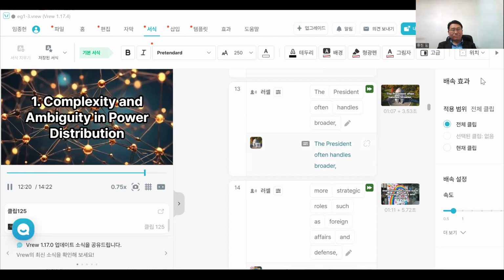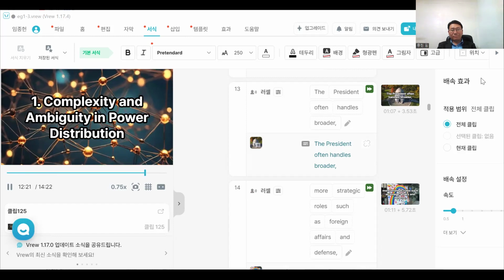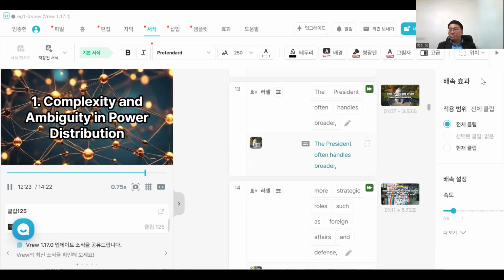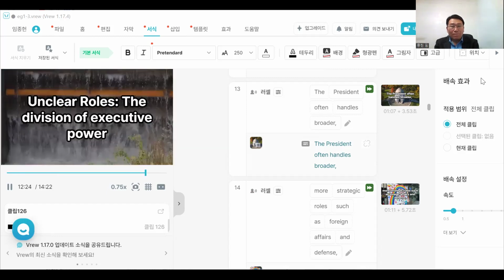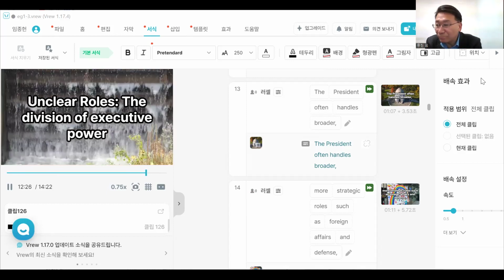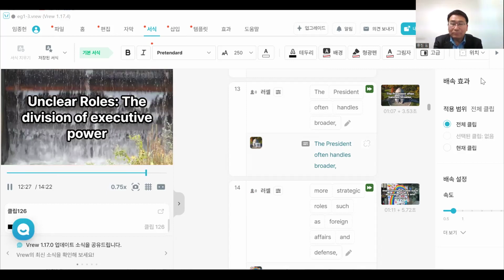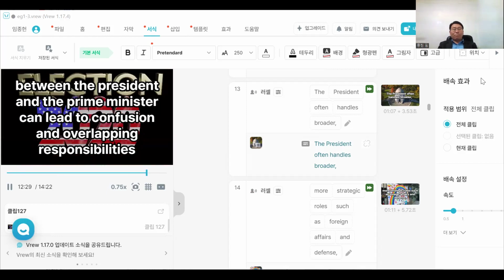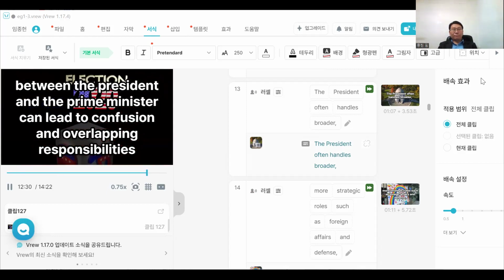Complexity and ambiguity in power distribution. Unclear roles. The division of executive power between the president and the prime minister can lead to confusion and overlapping responsibilities.